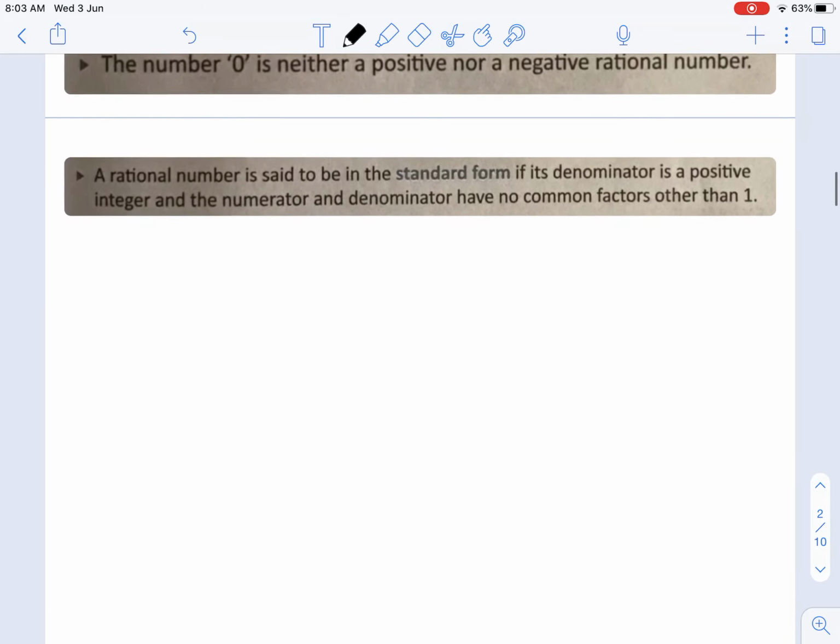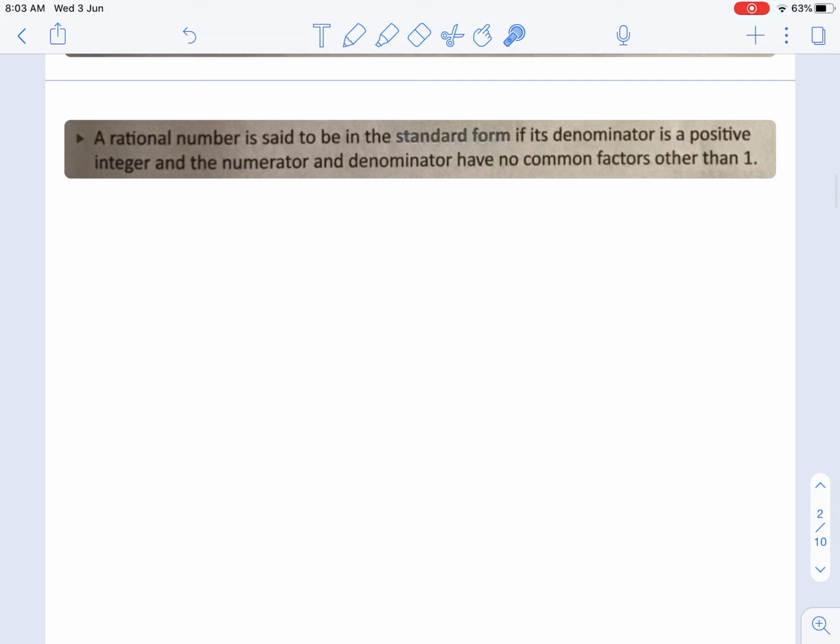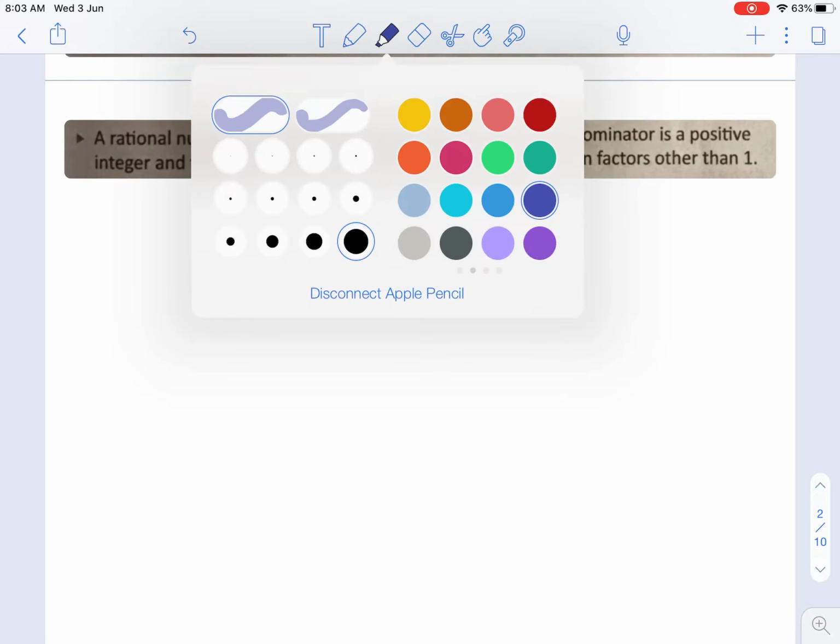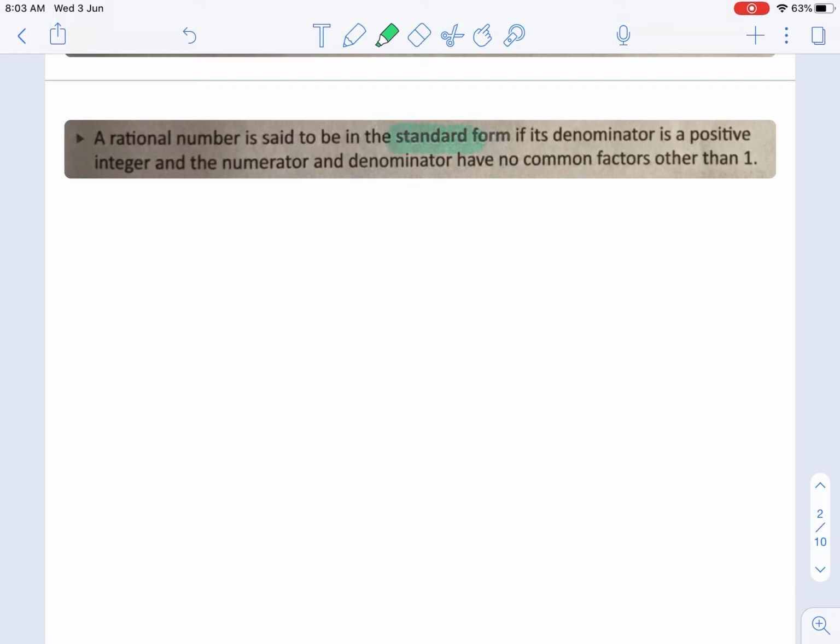Now our next topic: a rational number is said to be in the standard form. So next we are going to learn about standard form. When can a rational number be said to be in standard form? If its denominator is positive and numerator and denominator have no common factors other than 1.